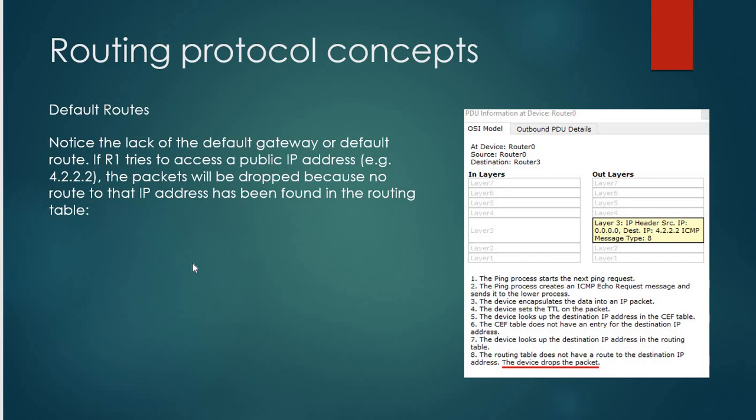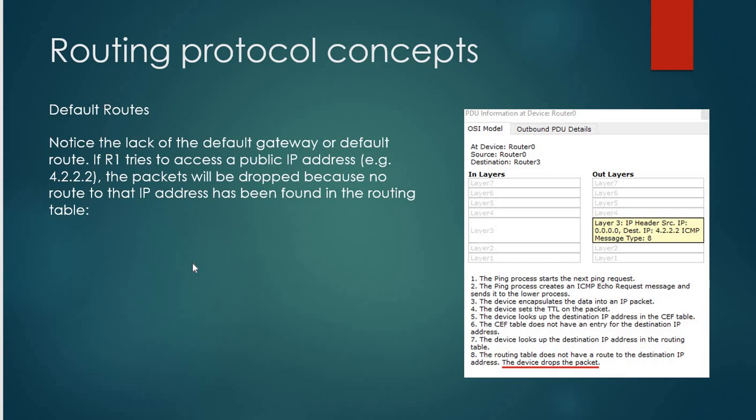If R1 tries to access a public address, the packet will be dropped because no route to that IP address has been found in the routing table.